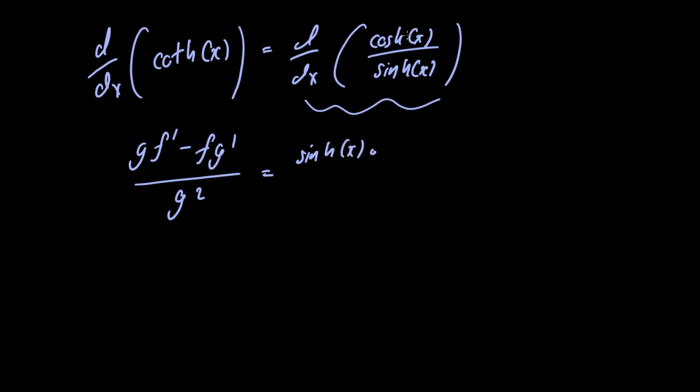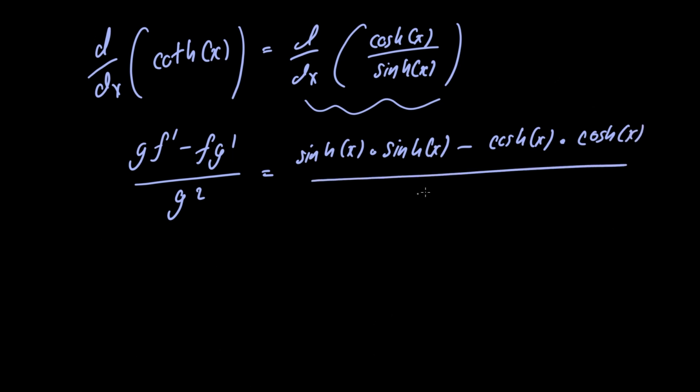Now the derivative of f is hyperbolic sine of x minus f, which is just hyperbolic cosine of x, multiplied by the derivative of g, which is just hyperbolic cosine of x. And this is going to be divided by g squared, which is just hyperbolic sine of x all squared.